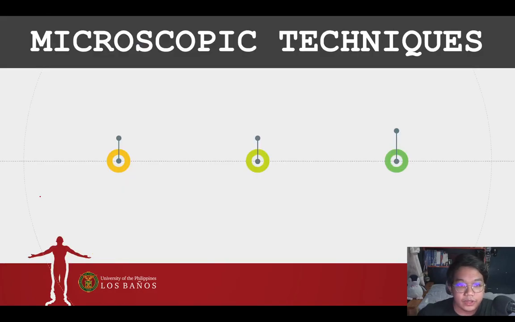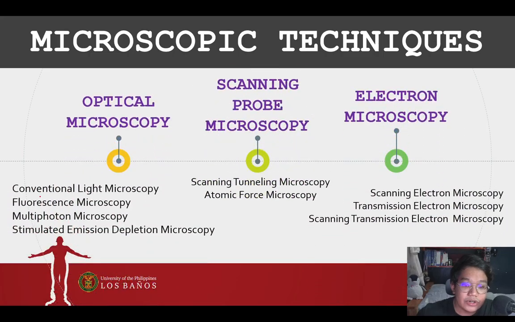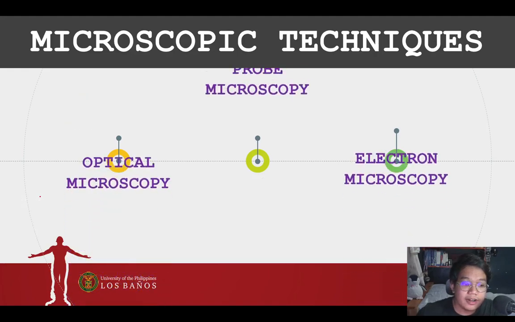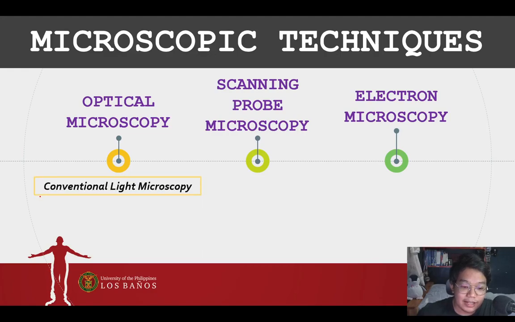Okay? So, we have several microscopic techniques. These are the following: optical microscopy, scanning probe microscopy, and electron microscopy. So, for Chem 131, we will just be focusing on conventional light microscopy. Okay? So, this will be the classical technique na ituturo pa rin sa atin.